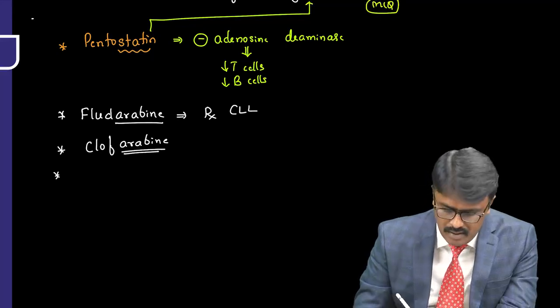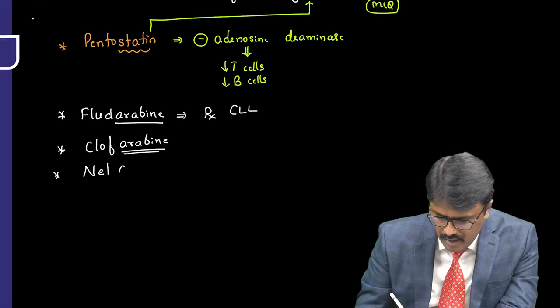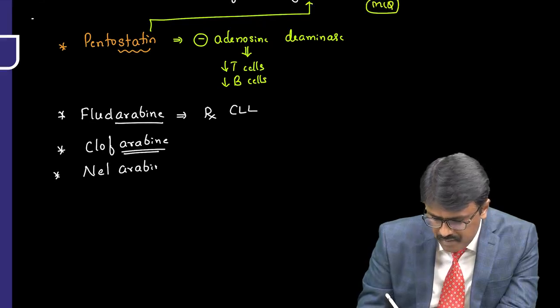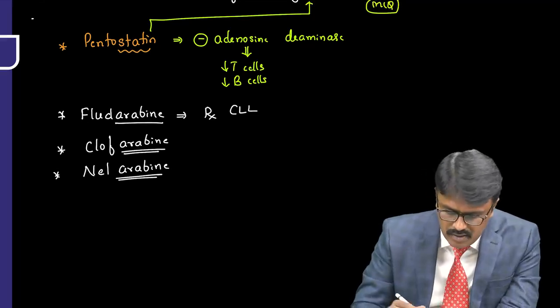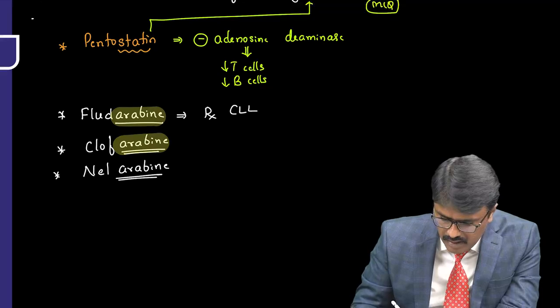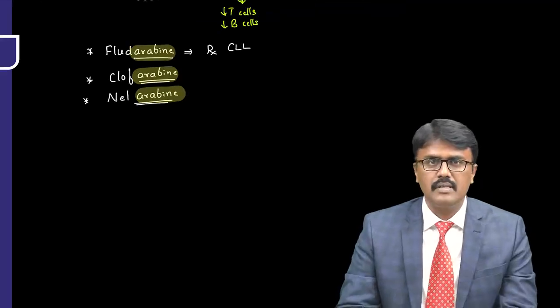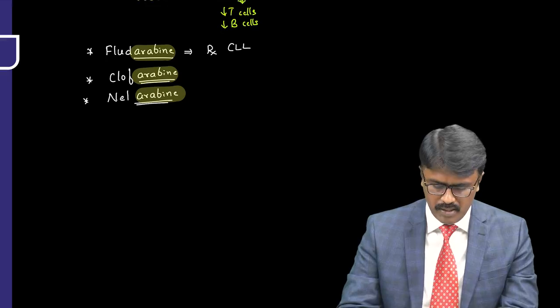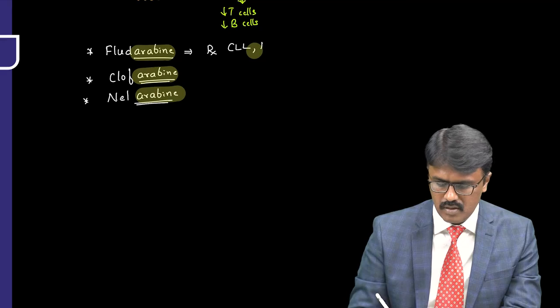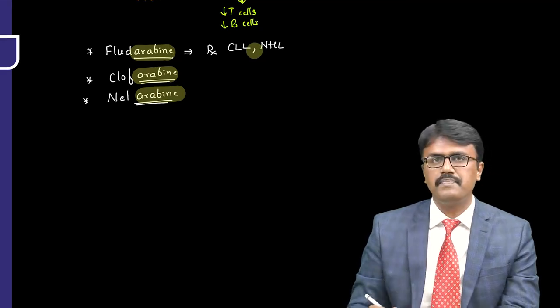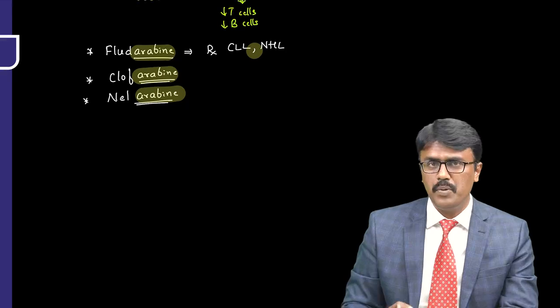Then we have nelarabine. So these drugs end with arabine: fludarabine, clofarabine, nelarabine. Fludarabine is also used in one more, that is non-Hodgkin's lymphoma. So that is about the purine antagonists.